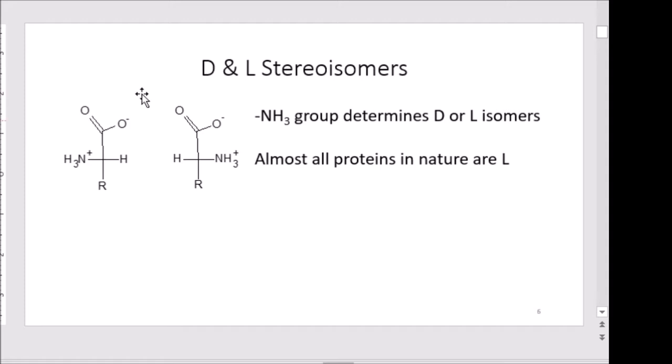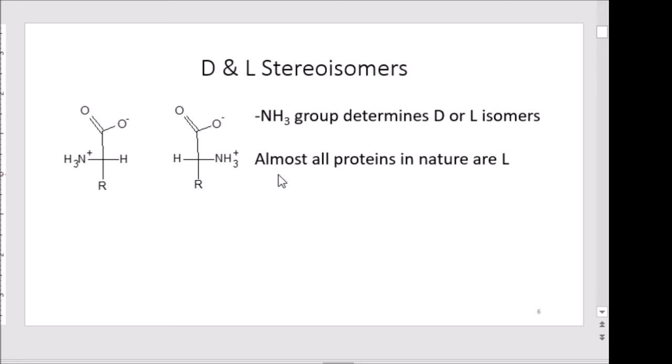Now, here's Fisher projection, and notice these are Zwitterions. If the amine group is on the left, it's L. If the amine group is on the right, it's D. That's simple.